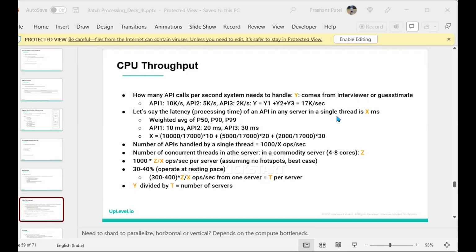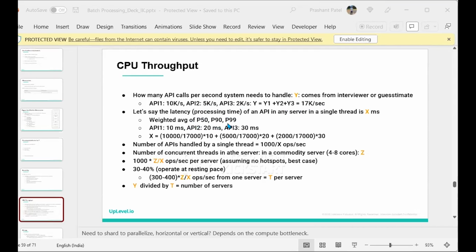Latency. We will also add some logic about what the usage is and who the actual active users are. The weighted average we have calculated is how much time it would take on average.